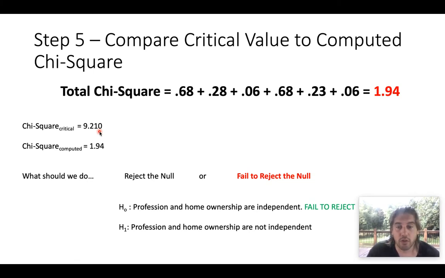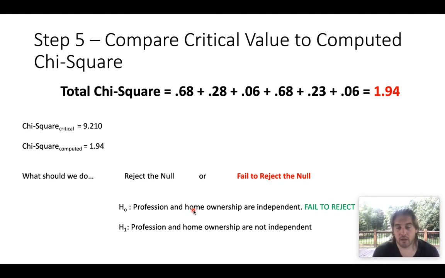So we are going to conclude, in fact, that profession and home ownership are independent of one another, meaning it doesn't matter what kind of job you have. People own and rent at basically the same frequency. Home ownership is not impacted by profession in these data.